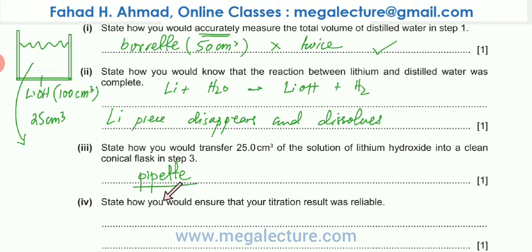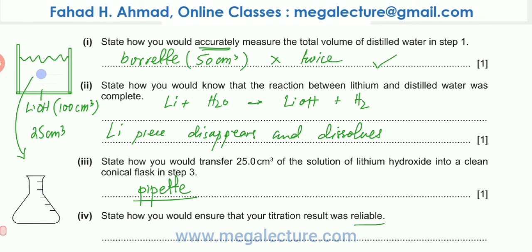Next part is: state how you would ensure that your titration results were reliable. Let me first draw on the diagram what's going to happen next. This 25 cm3 of lithium hydroxide is going to get added to this conical flask. Let's shade that. There's lithium hydroxide in this conical flask, and then you're going to start your titration.